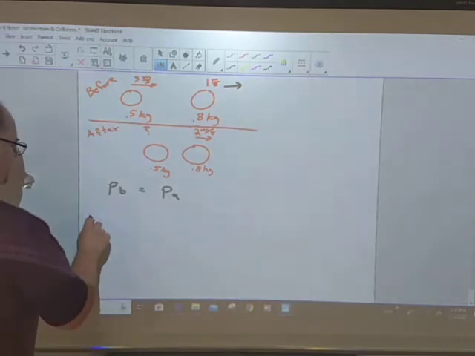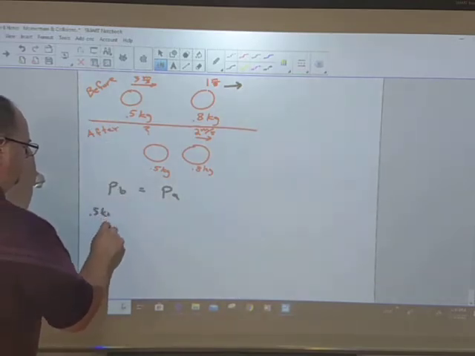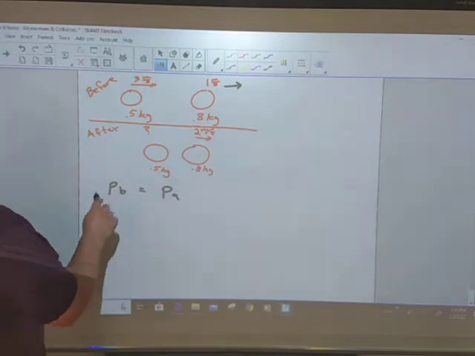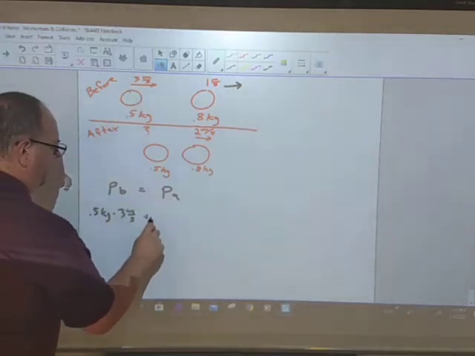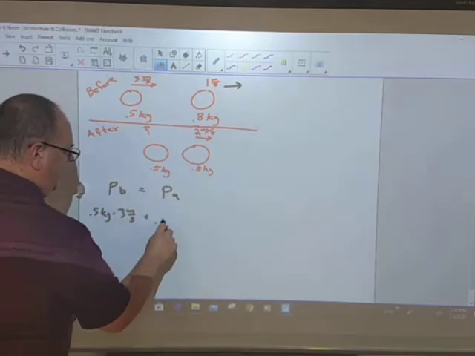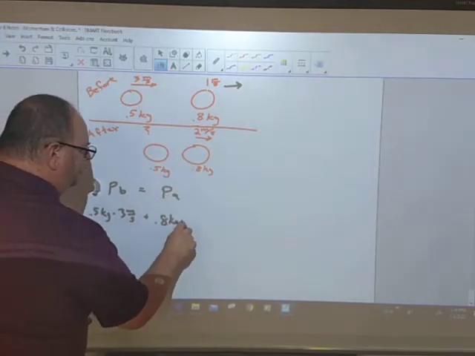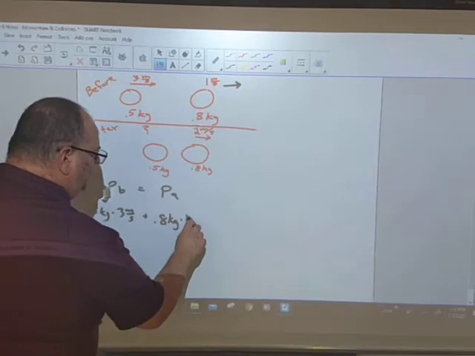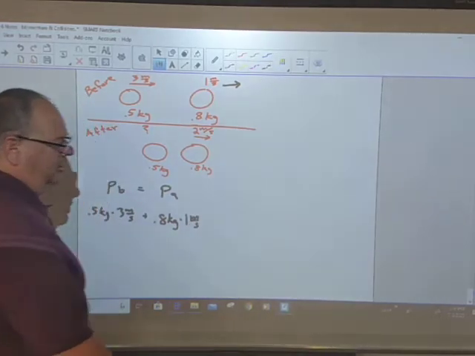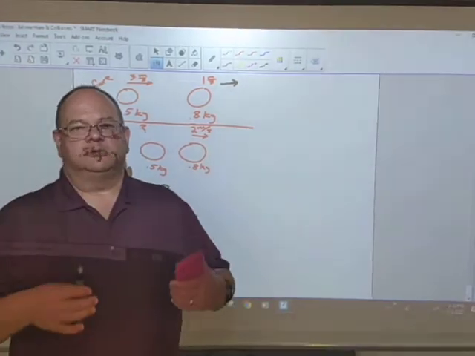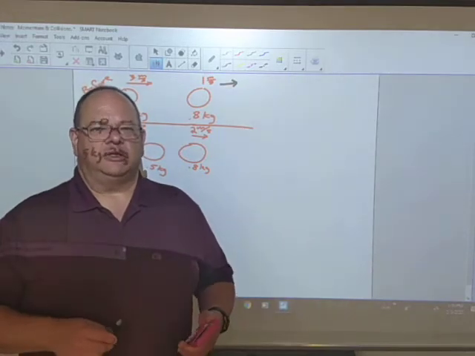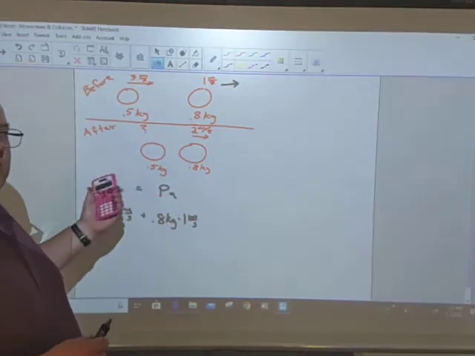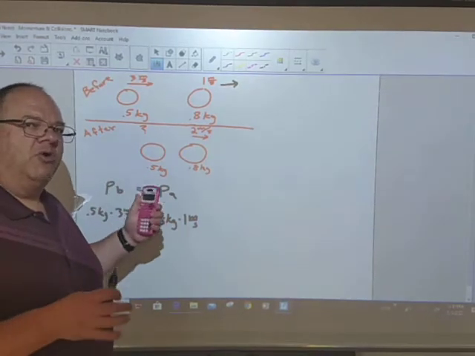I'm going to take the mass, 0.5 kilograms, times 3 meters per second, plus 0.8 kilograms times 1 meter per second. Now, I like to write equations, and I would expect you to write equations. But this is the 3rd problem we've done in a row. And I know my starting equation.